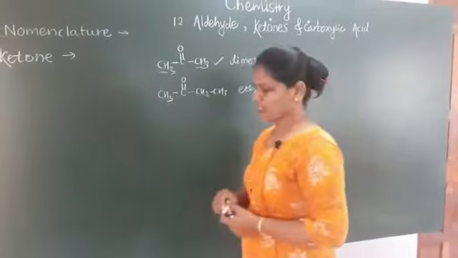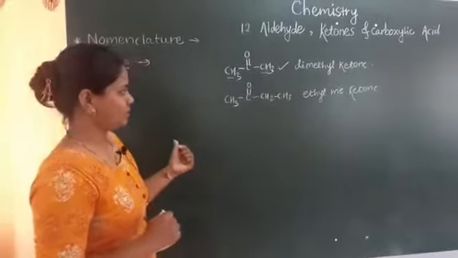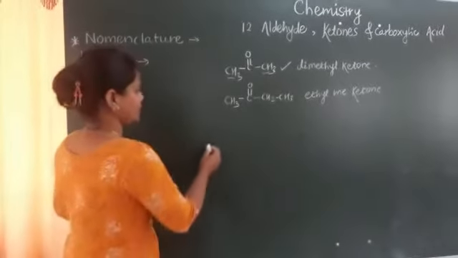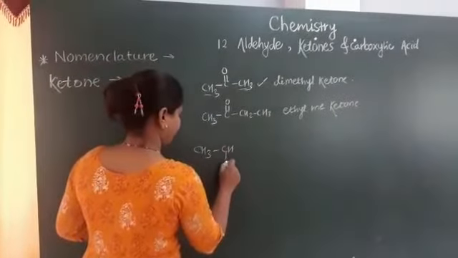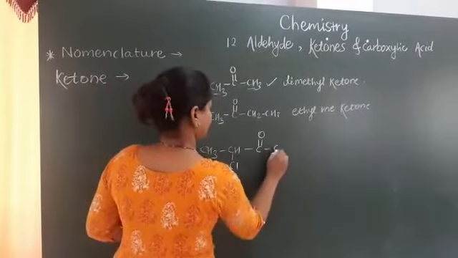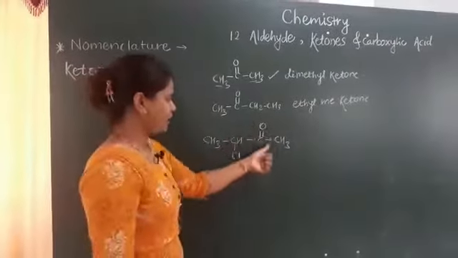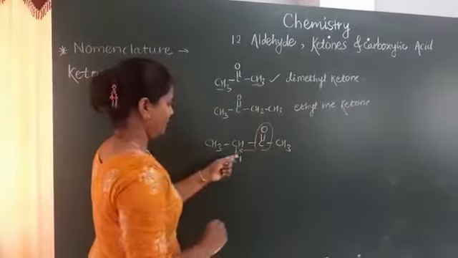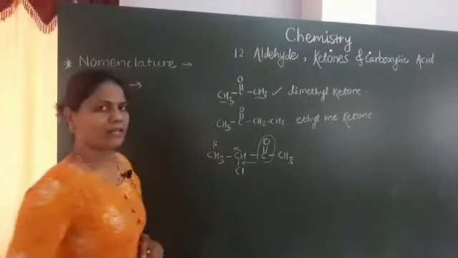The second rule is whenever a substituent is attached on the carbon chain, then it is shown by alpha, beta and gamma and so on. Suppose this is the example. The carbon next to the carbonyl carbon atom is considered the alpha carbon atom and this one is the beta carbon atom.